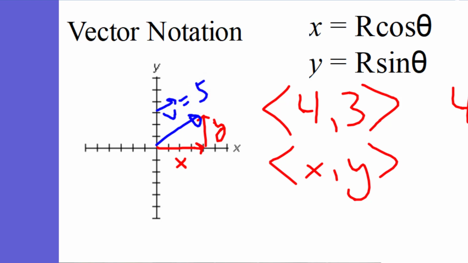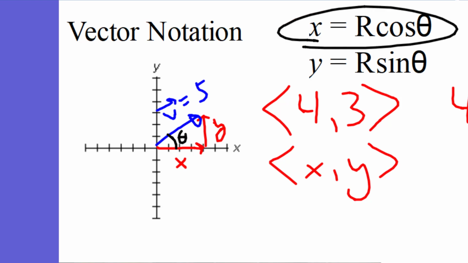Now, hopefully you can see this is at an angle, which means this vector 5, that resultant vector, has components x and y. So how do we figure out what that x and y is? Well, I would just do r, or that vector V, that 5, cosine of my angle to find my x. I would do r sine of theta in order to find the y component of that.